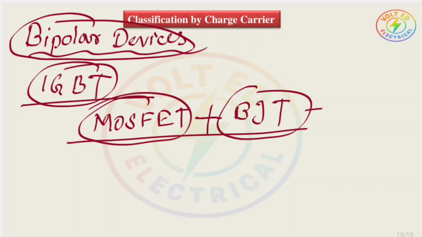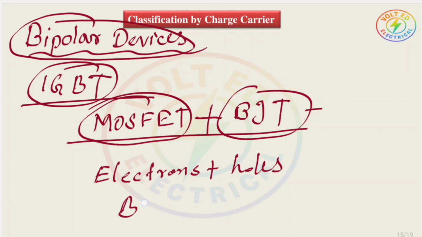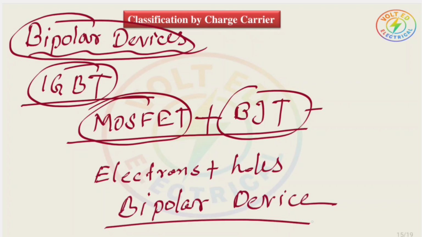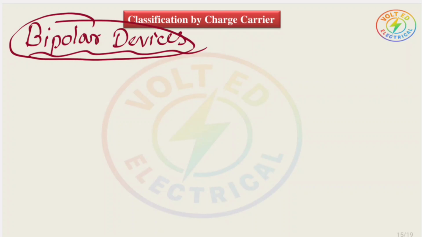So as a result, both electrons and holes are involved. So IGBT is called a bipolar device. This is the explanation of unipolar device and bipolar device, and majority carrier device and minority carrier device.